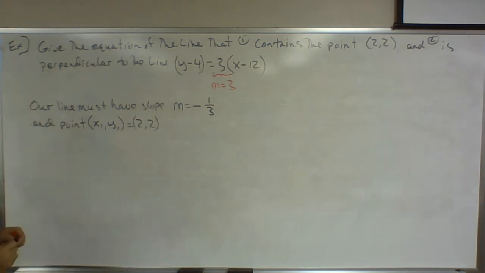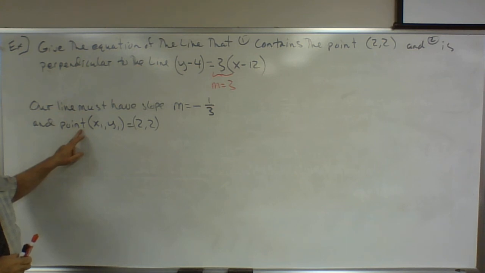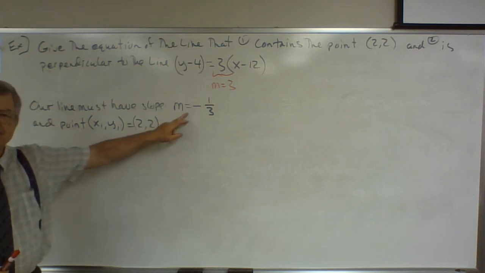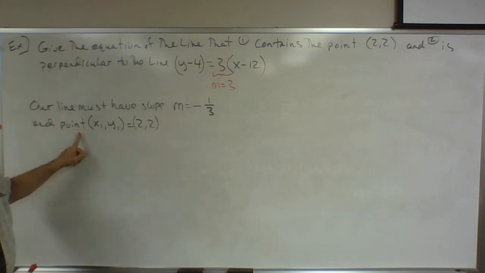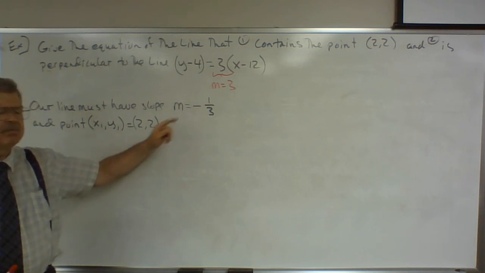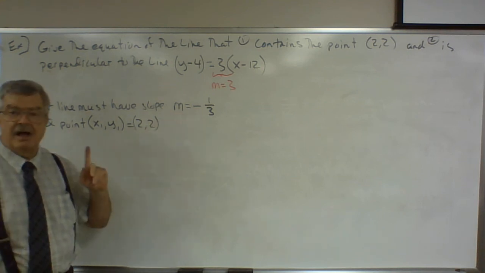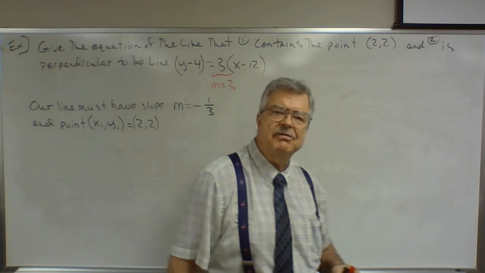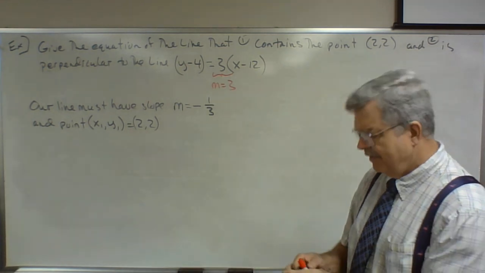So let's see. We know a point on the line and we know the slope. Point, slope. Let's use the point-slope form of an equation of the line.